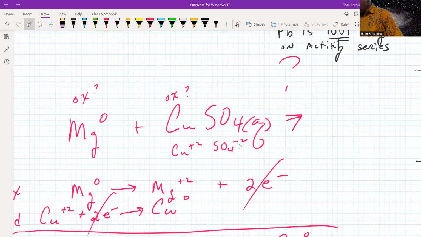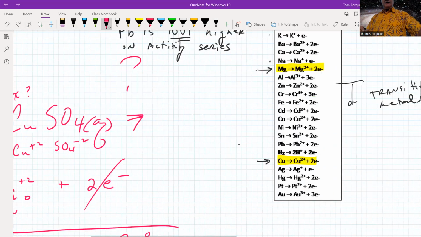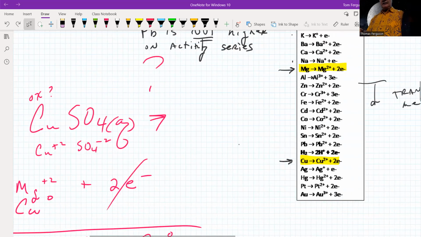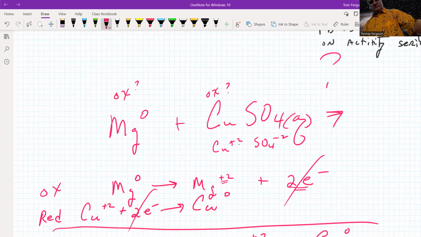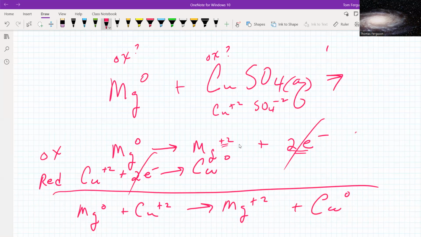That means the magnesium goes to +2, and because it's a +2, it gives off 2 electrons. And the copper is a +2, which gains those 2 electrons. So these are the half reactions.